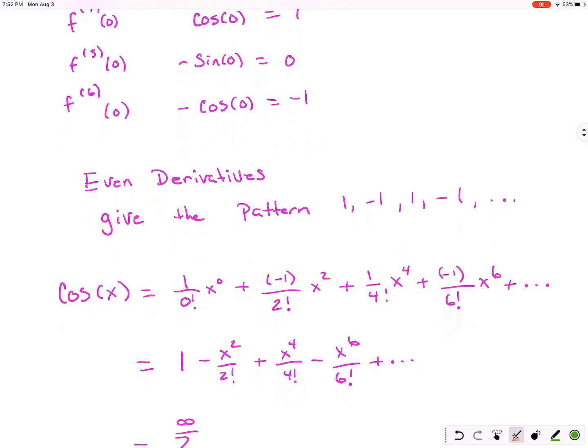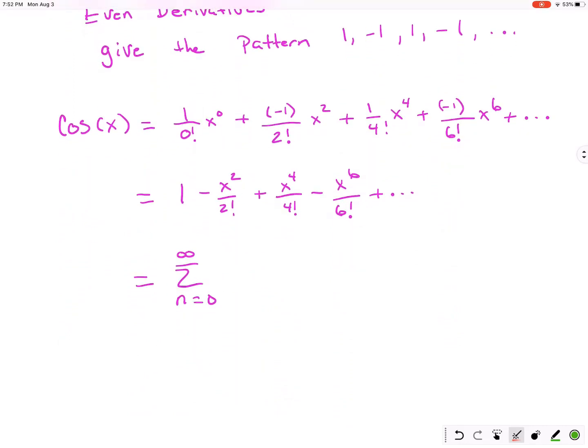So I wrote this out then. The cosine of x is equal to 1 over 0 factorial times x to the 0th. So the first even number is 0, so 1 over 0 factorial times x to the 0.